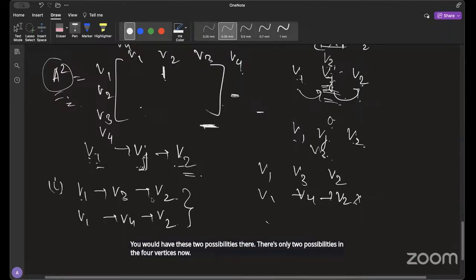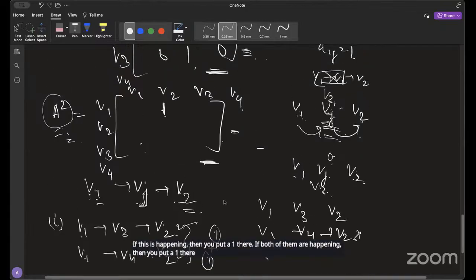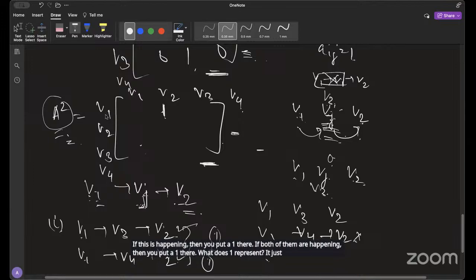There are only two possibilities with four vertices. If you want to go from V1 to V2 via a vertex in between, it will be either V1 to V3 to V2 or V1 to V4 to V2. If either of these is happening, then you put a 1 there. If both of them are happening, you also put a 1 there. But what does 1 represent? It just represents that there is a path from V1 to V2 via one vertex.